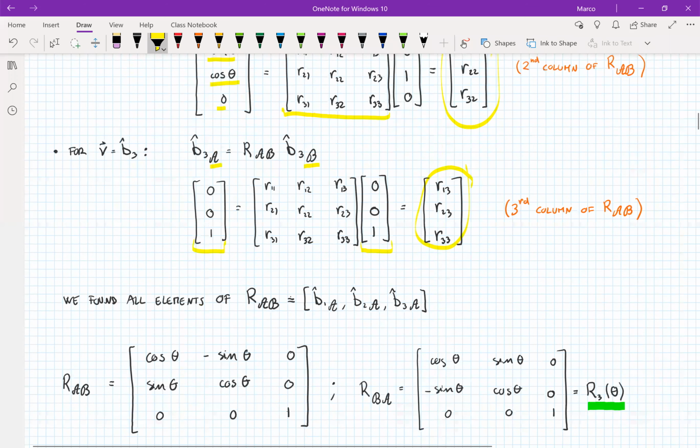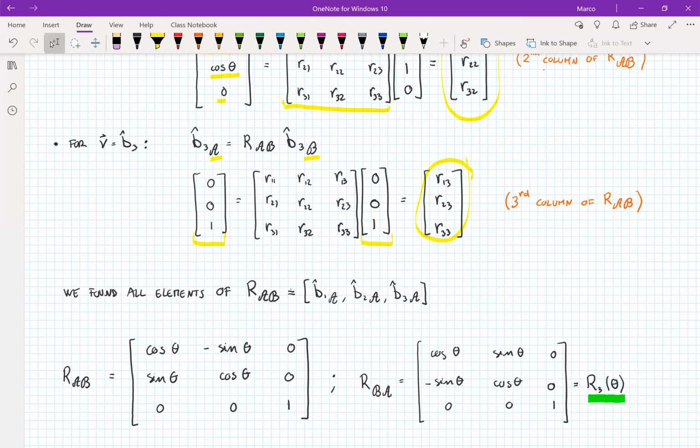Now we found all the elements of RAB, column-wise. So we can fill the matrix, and we have the rotation matrix from B to A, although once again, it is written RAB, but that means rotation matrix from B to A.